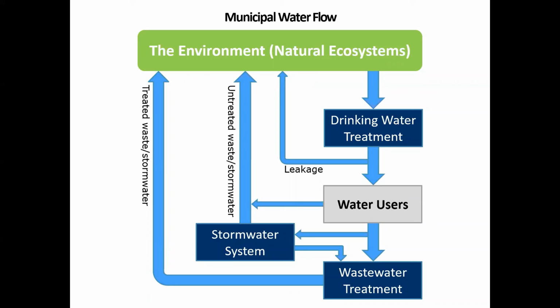You can see that we're taking water out, there's the drinking water, and some of it is lost to the environment due to leakage. We're using it for various things. Some of our water goes to two different systems. We'll talk about wastewater, the more obvious stuff we're putting down the drain or toilet, but a lot of our water actually goes into the stormwater system as well.